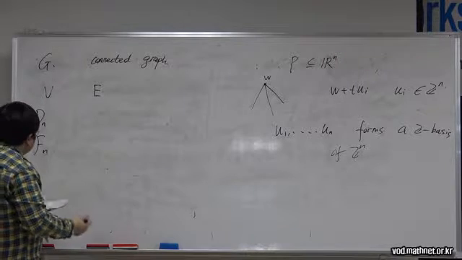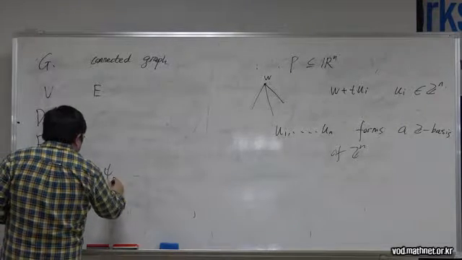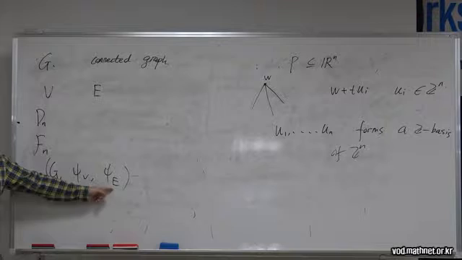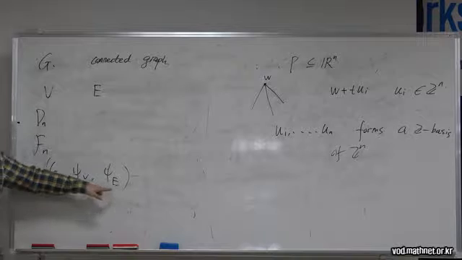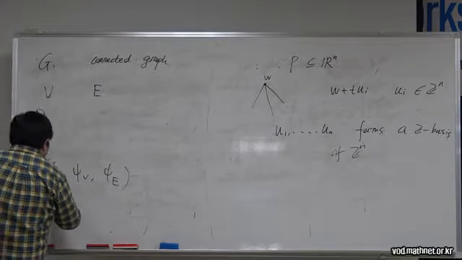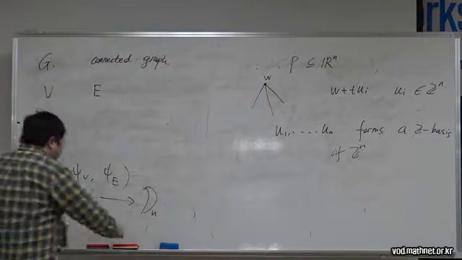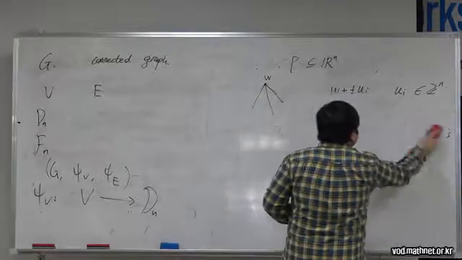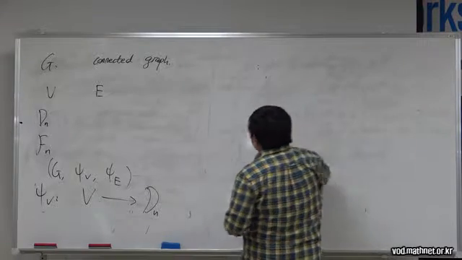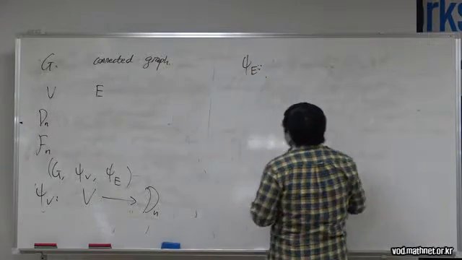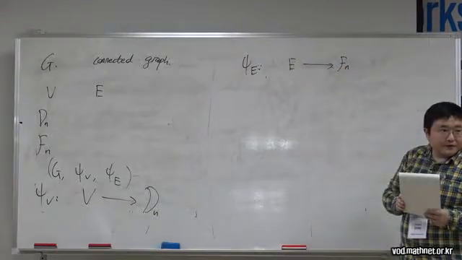So an origami template in fact consists of three members. First, we have a connected graph, and maps xi_V and xi_E. xi_V is from V to the Delzant polytopes, and xi_E is from E to F_n, to the facets.